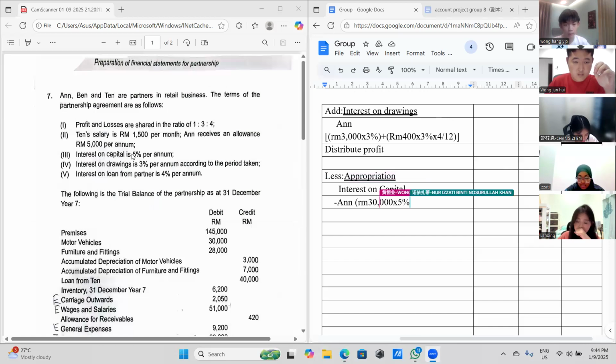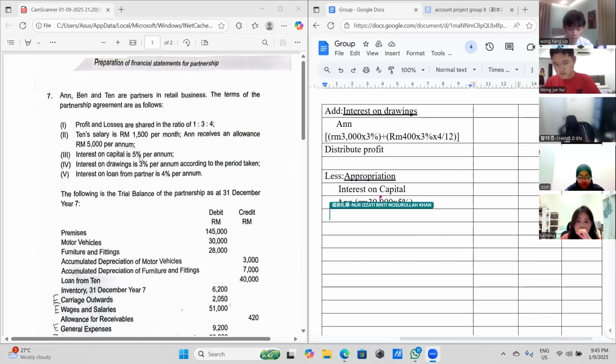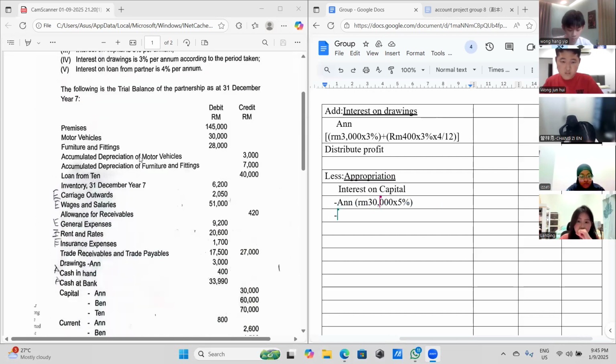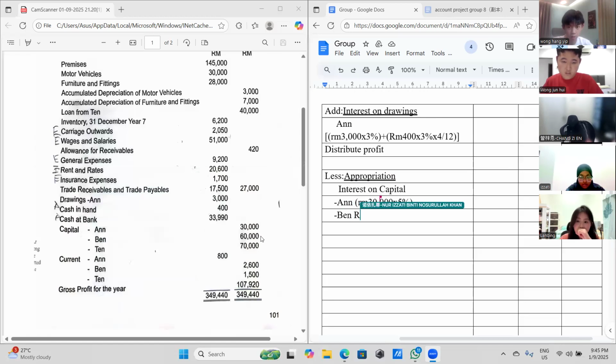And we will get 1,500. After this, we have to add Ben's account, which is RM 60,000, multiply with another 5%, and we have to multiply with another 9 by 12.